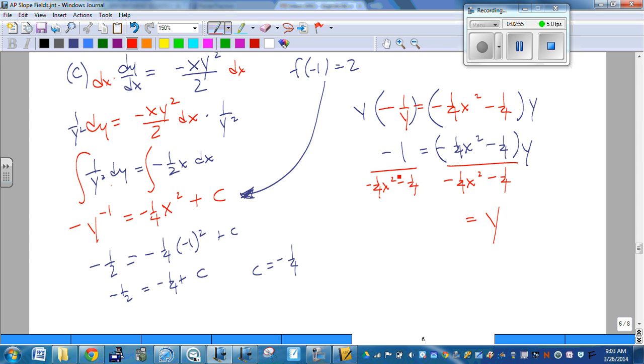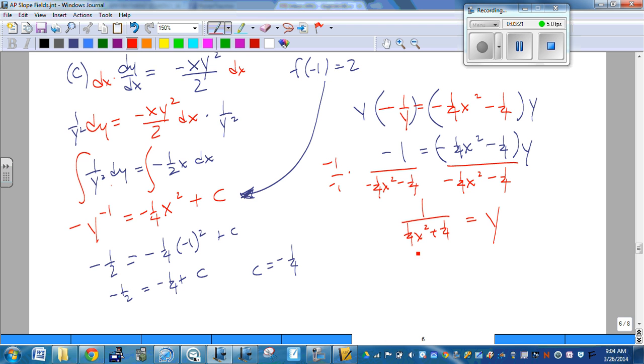But since all of these are negative, really we can factor out the negative, or we could think of it as multiplying top and bottom by negative 1, just to get rid of all those negatives. That would be 1 over 1/4 x squared plus 1/4. Again, if you left it like this, you're not getting any points deducted, that's fine. You can write it like this. This would be an acceptable answer.